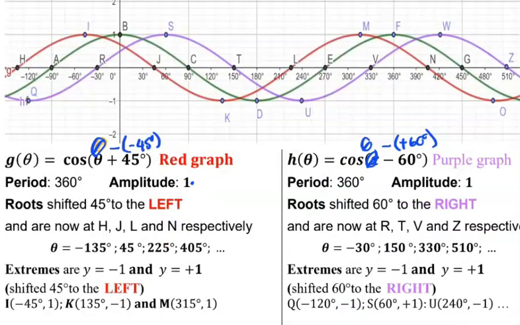For an exercise, you can now find the roots algebraically by solving cos of theta plus 45 equal to 0 and solving cos of theta minus 60 degrees equal to 0. That is a very good exercise, and you will also notice how the shifts happen the moment you get the original solutions.